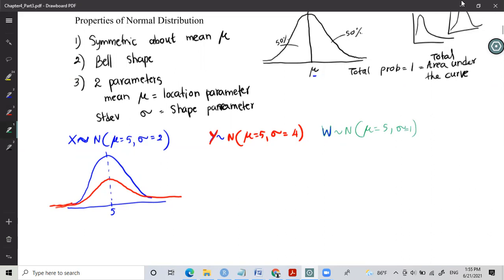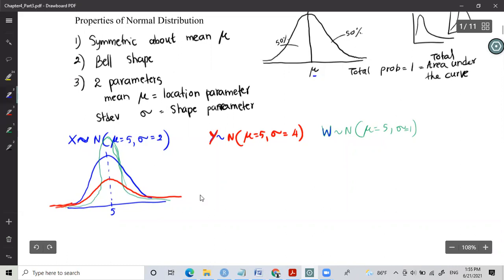Again, still at 5, now your bell will be very, very thin. So it will look like this. My bell is not very nice, but it will be a very thin bell, still symmetric about the mean 5. So you can see the difference in shape. Still the same mean, different standard deviations, you get different shapes.